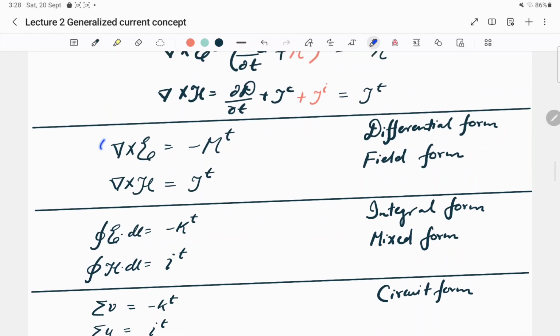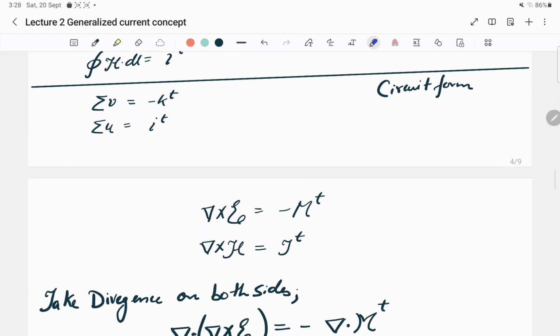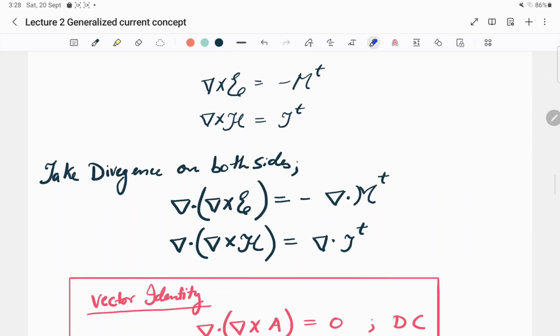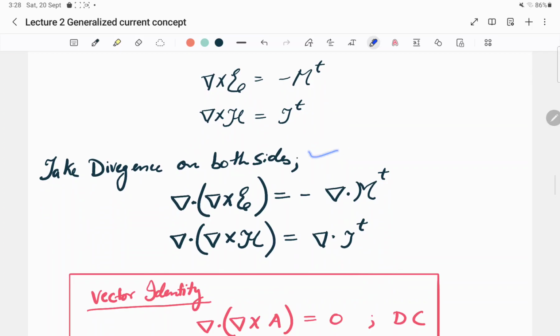Now, if you take these two equations, I am writing these two equations again over here, and I take divergence on both sides. I have taken divergence on the left hand side as well as on the right hand side. Here also divergence on the left hand side and divergence on the right hand side.